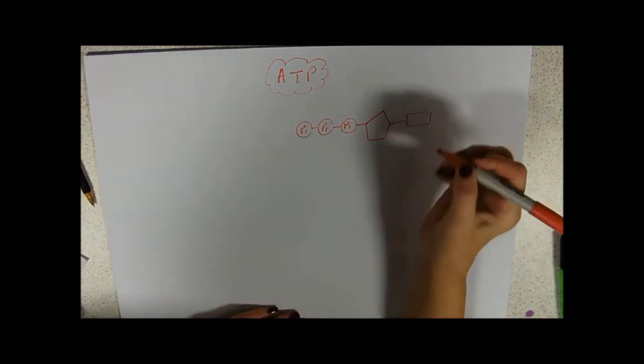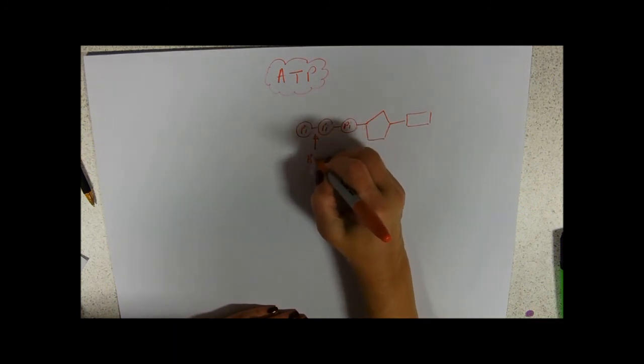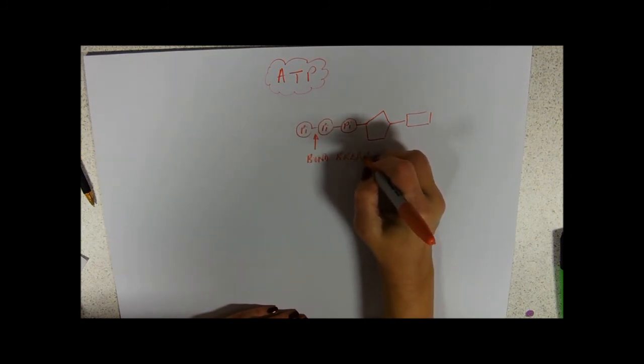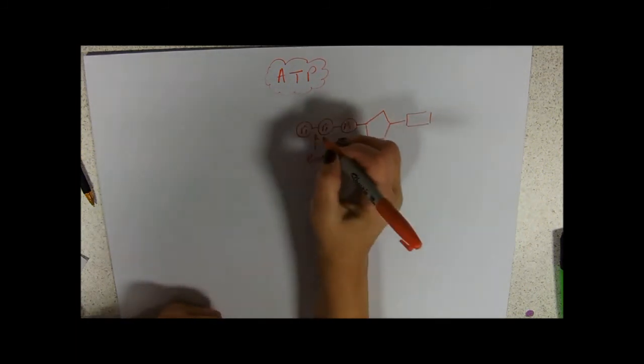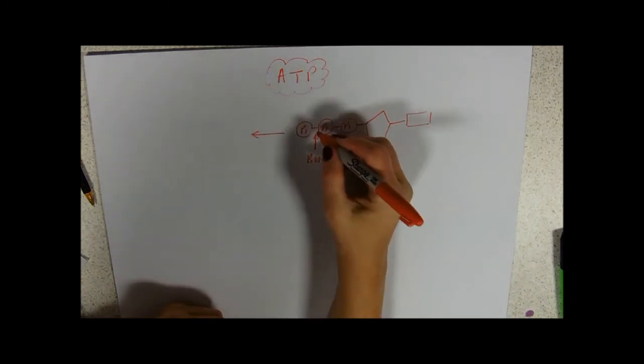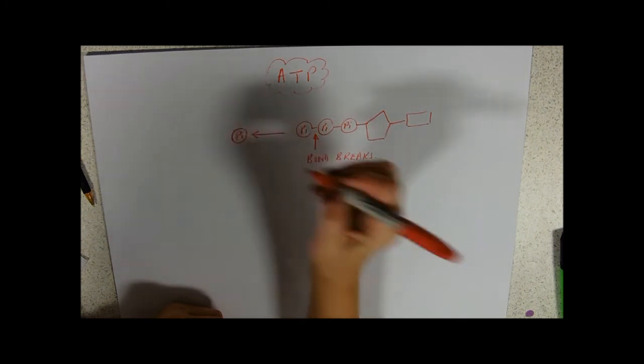And ATP will give off energy if that bond is broken. We break that bond, and we're going to release the terminal phosphate.